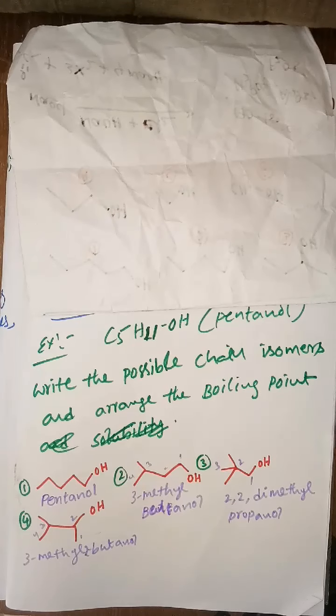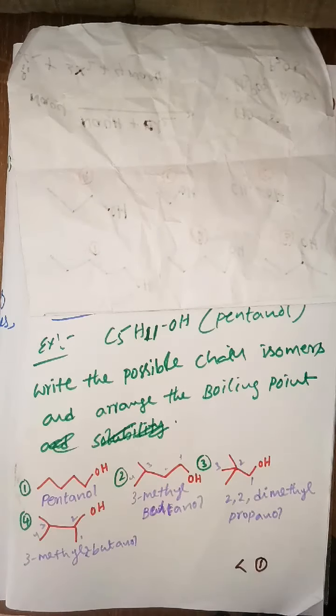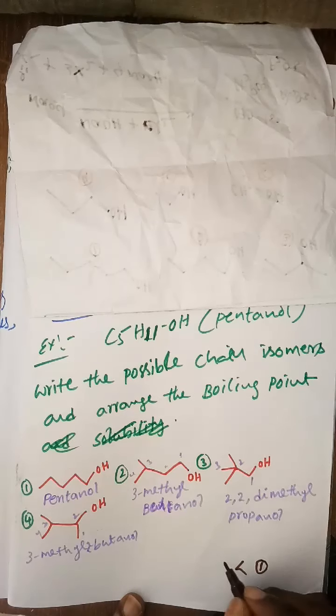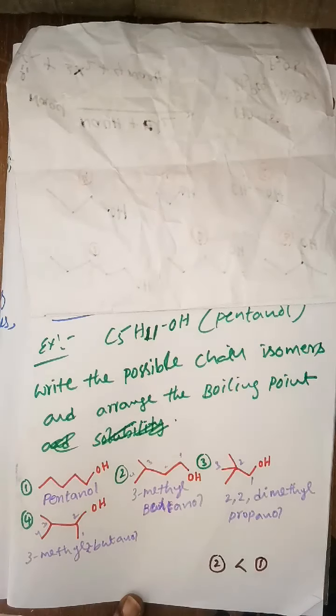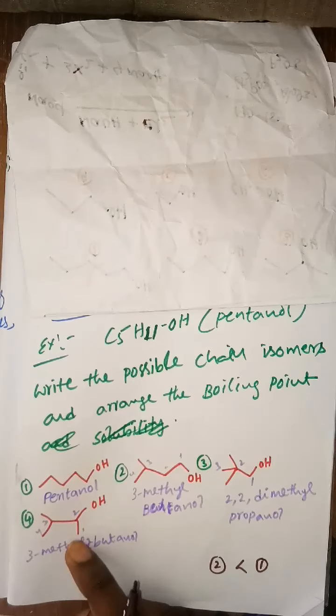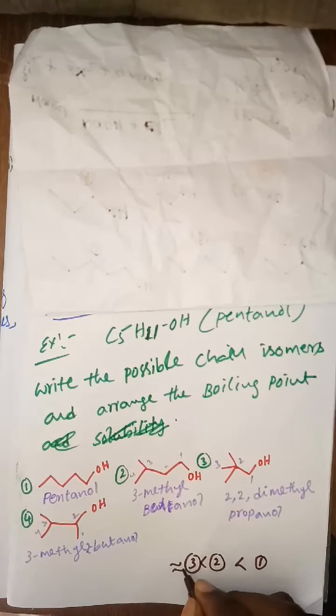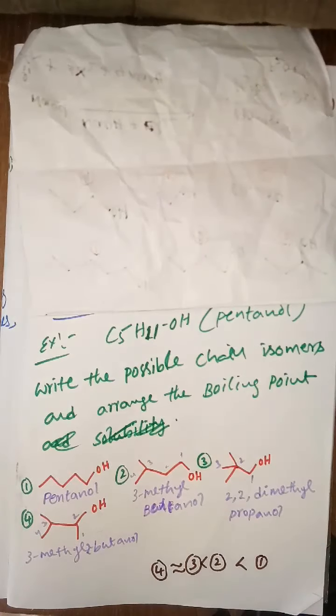So we know the order. We have the linear one, that comes as the first compound, and next the second compound. 3 equal to 4 is the boiling point order of the structural isomers.